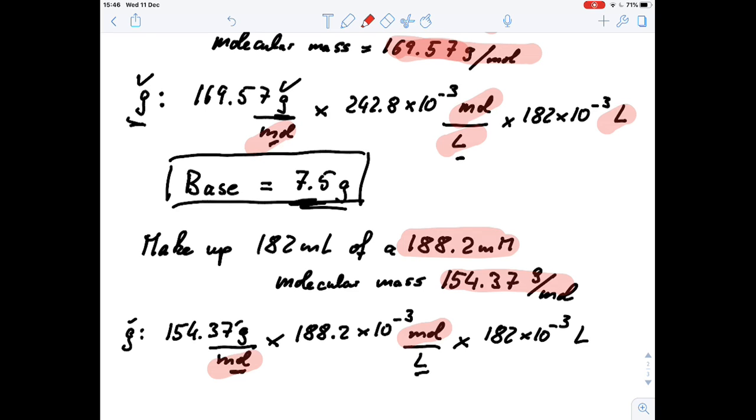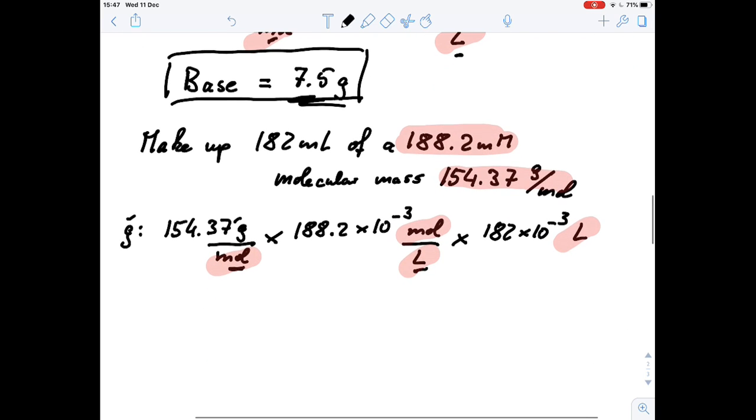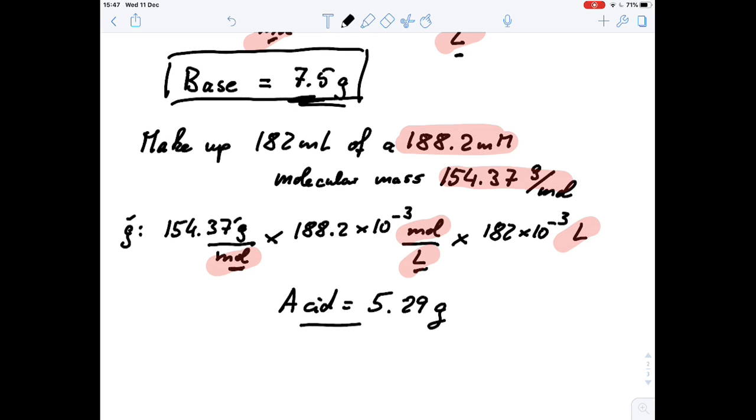Now I can cancel out the liters, and if I hack that into my calculator, I get the amount of acid equals 5.29 or 5.3 grams. And Joe and Asma are right. So this is actually how you do your calculations for a buffer.